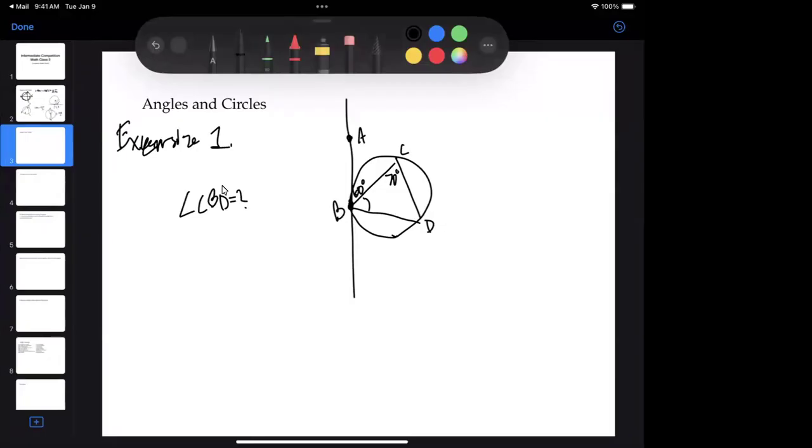Anyone? You can just shout it out if you know. Did someone say 60?